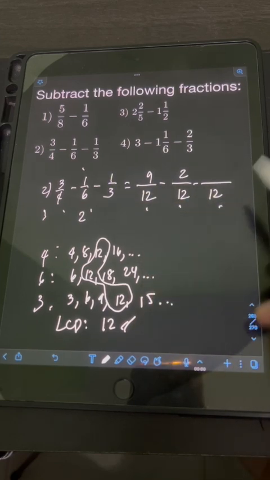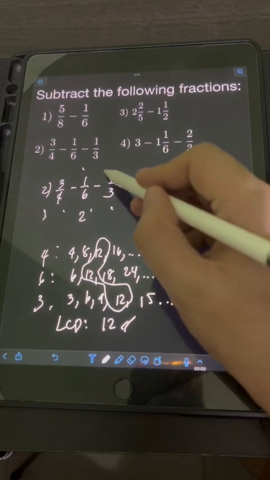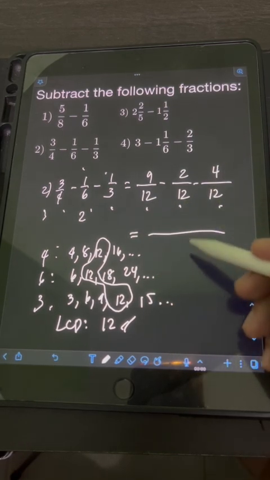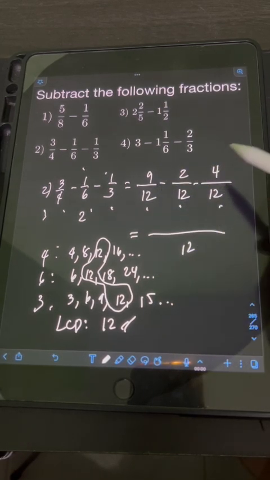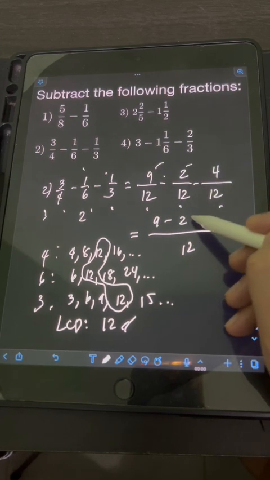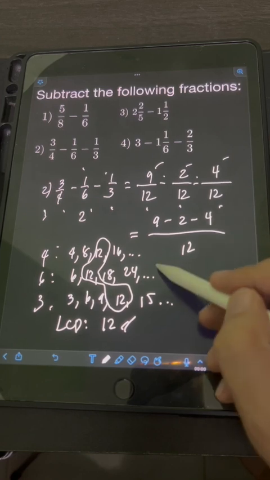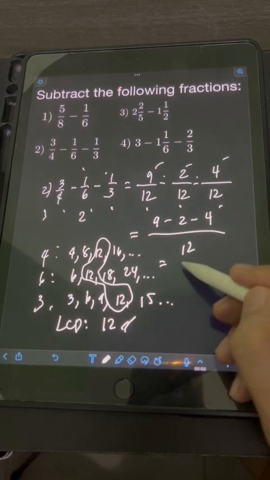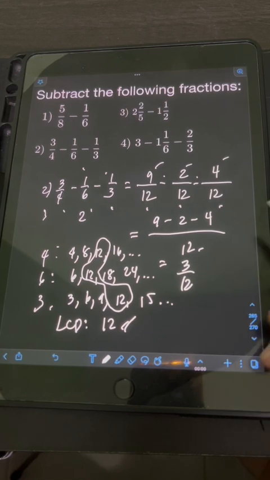For 1/3, 12 divided by 3, it's 4. Times 1, 4. So we now copy the same denominator of 12, and then let's subtract the numerators. So we have 9 minus 2 minus 4. 9 minus 2, that's 7. Minus 4, that's 3. So we have 3 over 12.